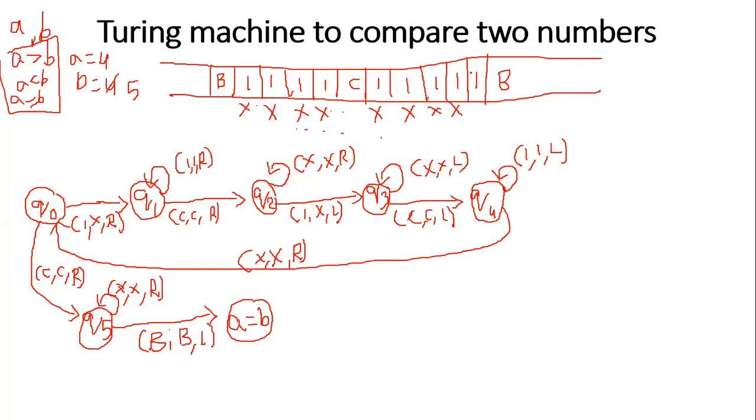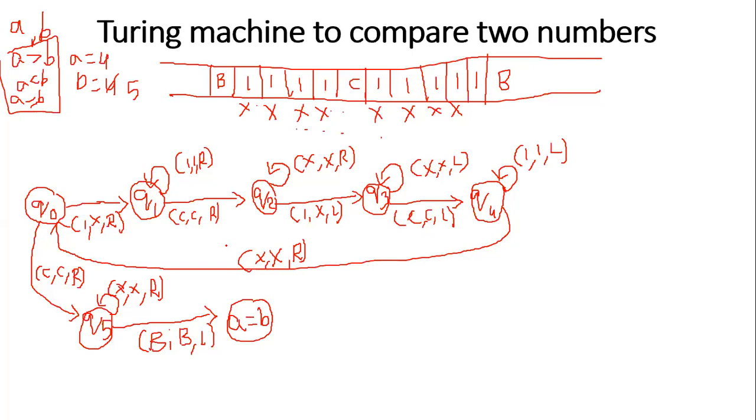If the second number is bigger, all the symbols in the first part will be finished, and some symbols will remain in the second part. How do we know that?